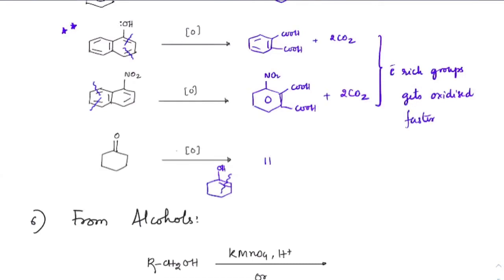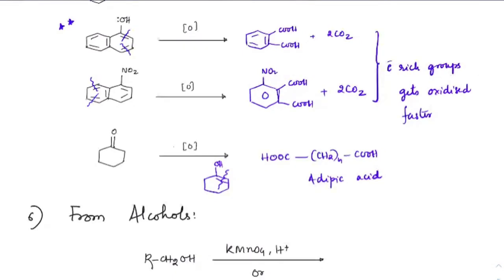So we will have HOOC here with CH2 4 times COOH. What is this one? Adipic acid. It will form adipic acid, right? So these are the aryl acids which are coming from various arene groups here.